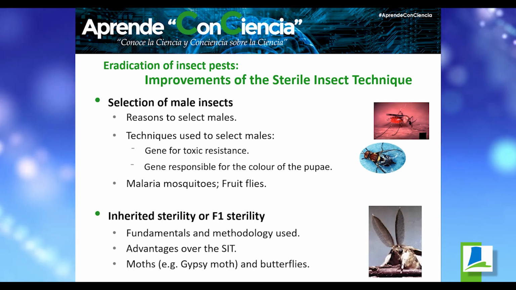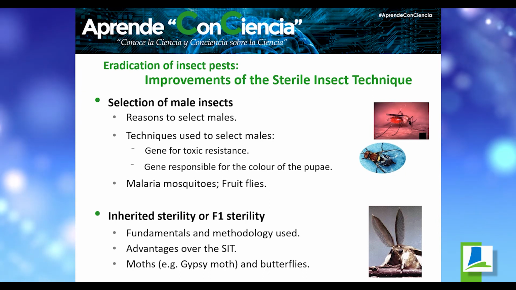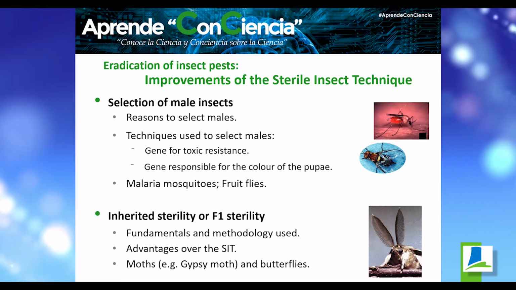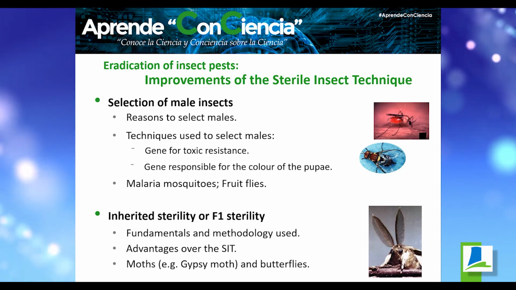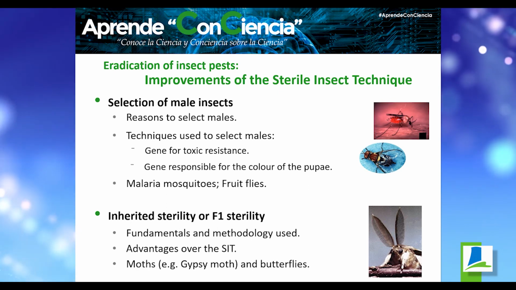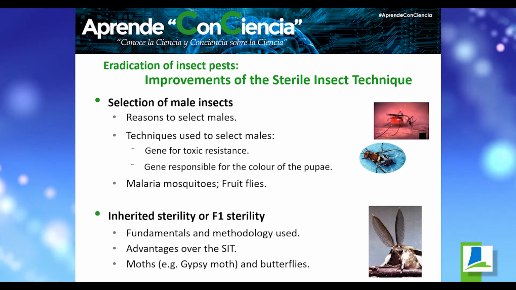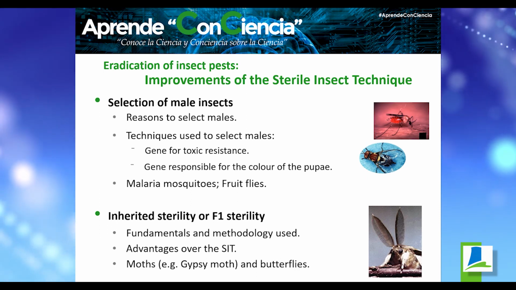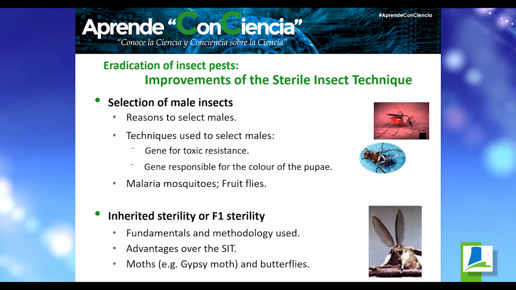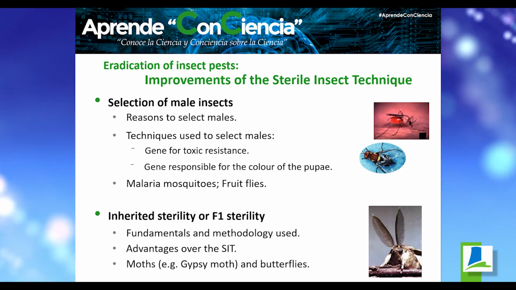Another improvement of the sterile insect technique is what is known as inherited sterility or F1 sterility. This technique uses much lower and less debilitating doses of ionizing radiation. The male insects are treated with sub-sterilizing doses of radiation, and when they mate with wild females, the radiation-induced harmful effects are inherited by the next generation, which is sterile.